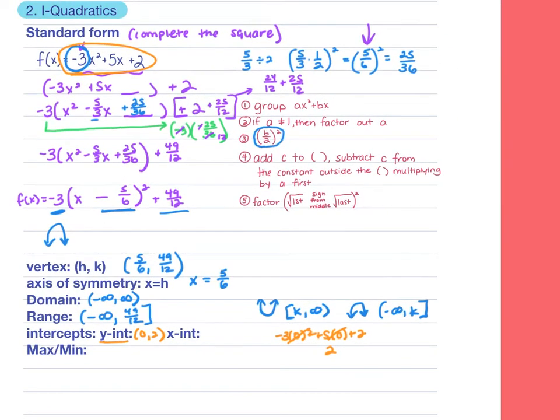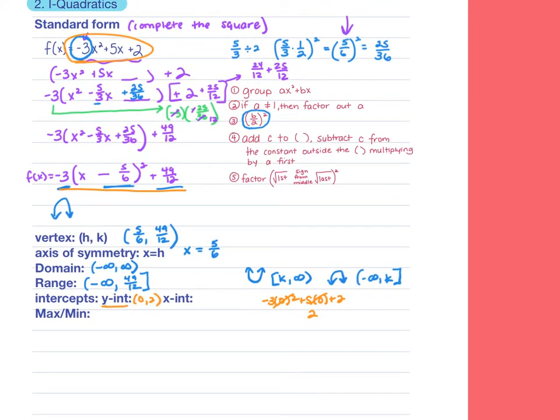The x-intercept, you have two choices. Use my standard form, making sure you use the even root property, or take your original and see if you can factor it. So this would be a -3x and an x. I want the larger one to be positive, so I'm going to do a +2 here. Test it out, +1.